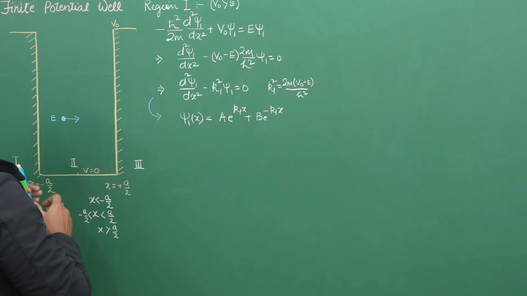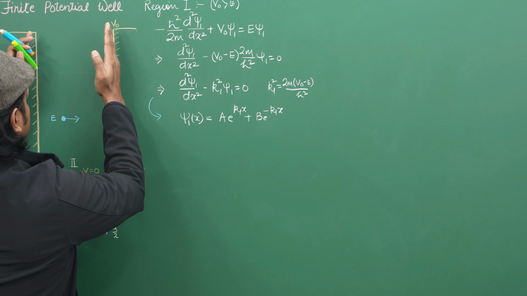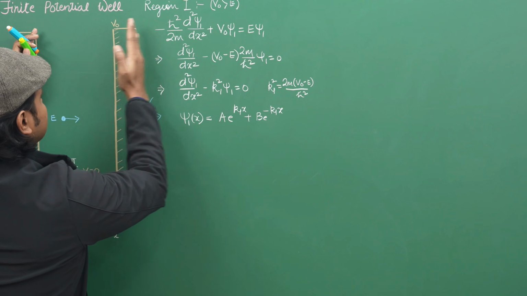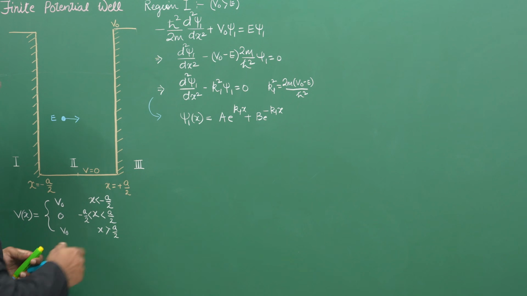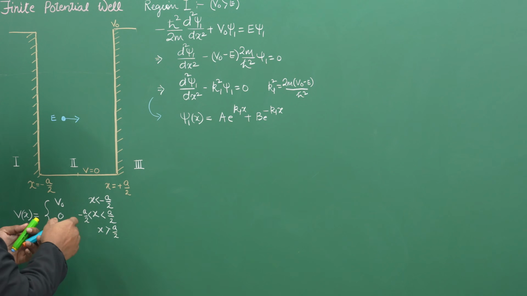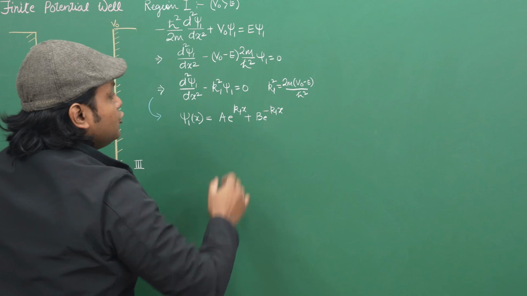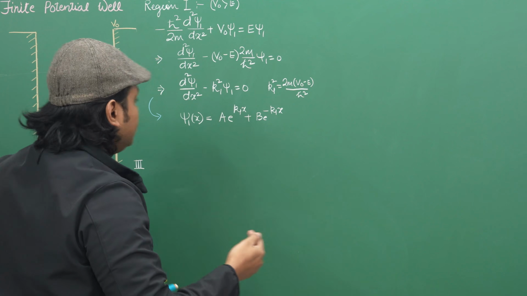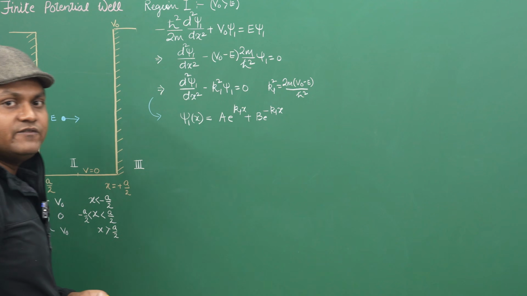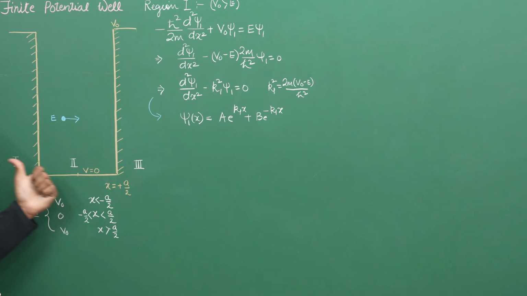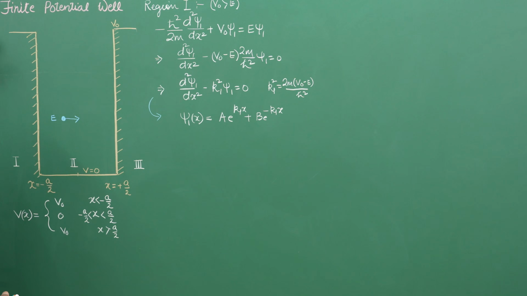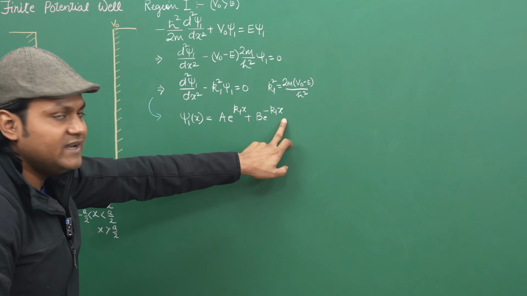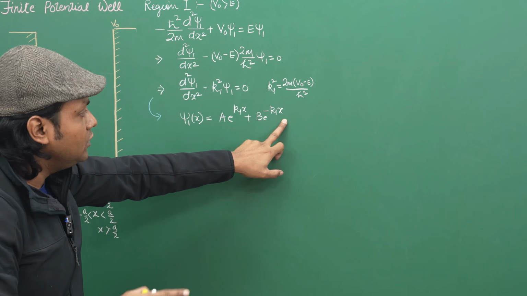But keep in mind that this is a potential barrier that extends up to plus infinity and minus infinity. That means if we look at this solution, the second part is going to blow up to infinity as we go along the negative x-axis, for x tending to minus infinity, and we cannot have that.